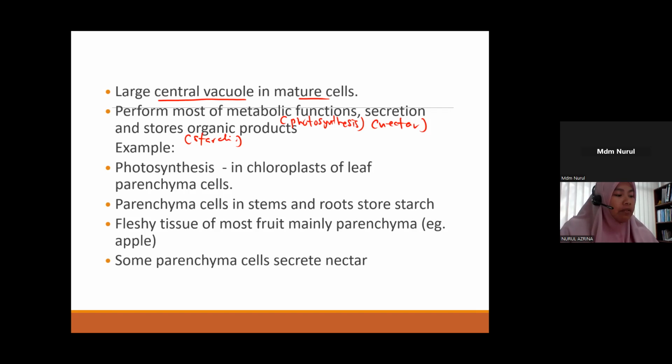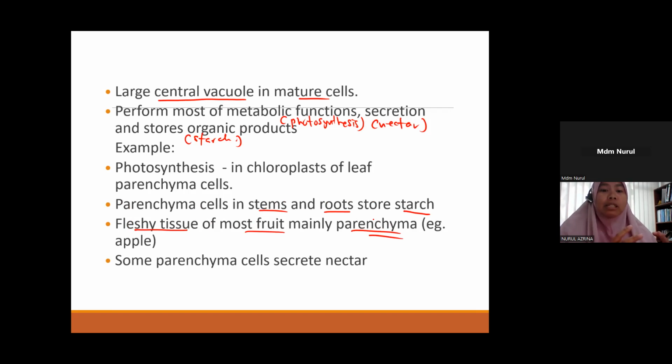So parenchyma cell involved in photosynthesis. Example in the chloroplast of leaf, parenchyma cell. And then next, parenchyma cell in stem or root store starch. All right. And then this is the function of storage. And then parenchyma also provide the fleshy tissue of most fruits, which contain mainly parenchyma cell, for example, apple.